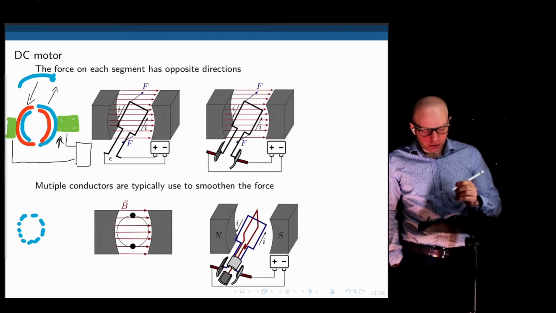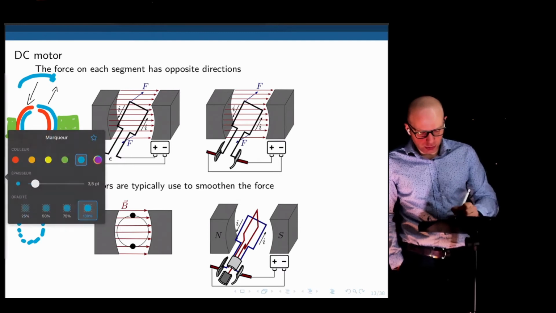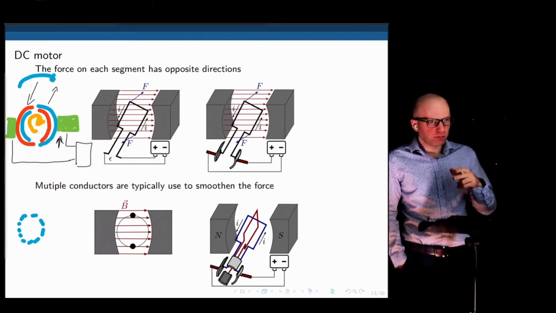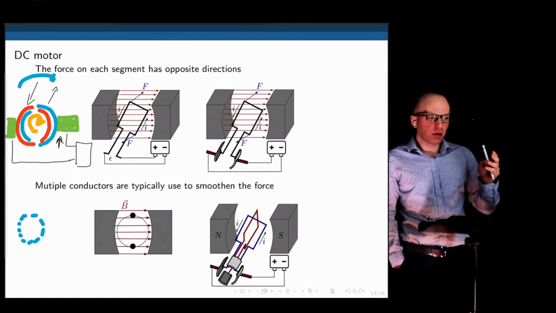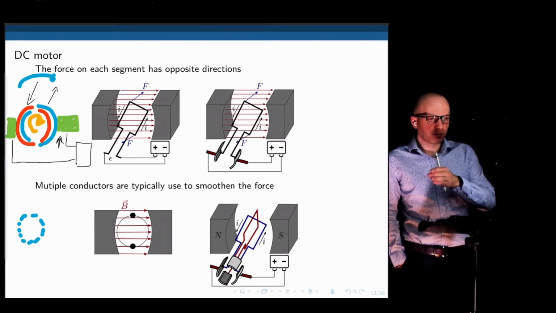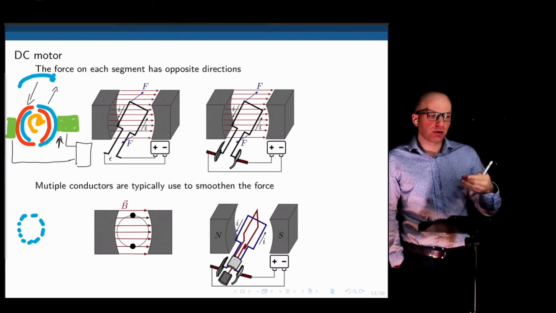No, they don't flip direction. They flip the direction of the current. These things are fixed and they are rotating. They are always at the same position with respect to one another. During half of the cycle, the blue touches the right. During the other half cycle, the red touches the right. When the red touches the right, the blue touches the left. They flip because they are rotating. The current going in the motor changes direction.